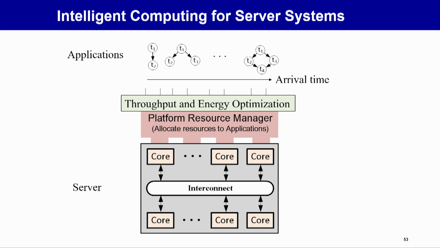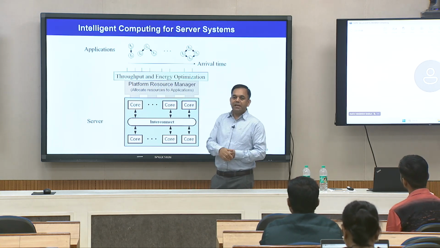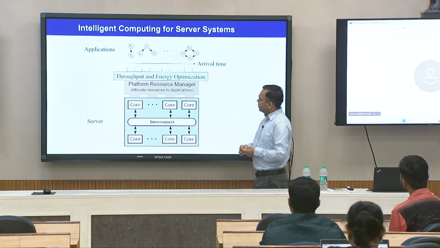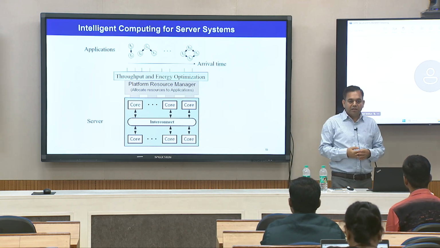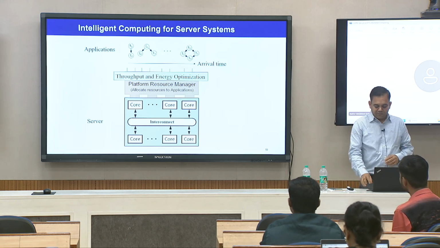For servers, one aim is throughput: you want to run as many applications as possible within a certain time, and you also want to optimize energy consumption so that the energy bills can be lower.